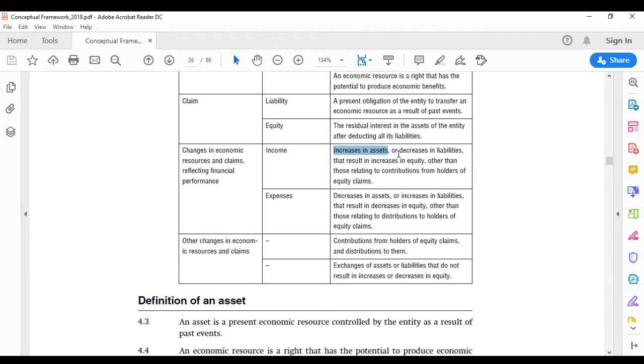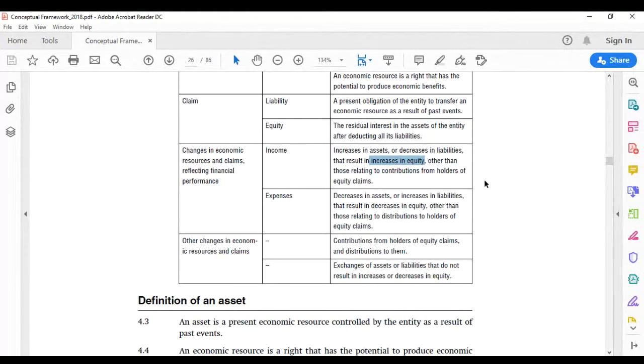An increase in assets, or, and ladies and gentlemen, that little word is very important for us. It's not and, it is or. It cannot be both. It is either the one or the other, not both. Okay, so income is either an increase in assets or a decrease in liabilities, right? That results in increases in equity.